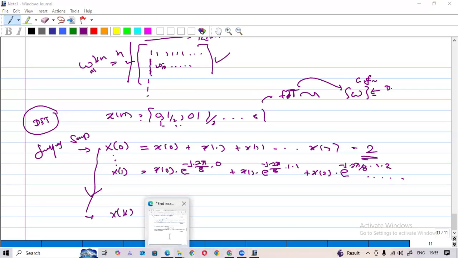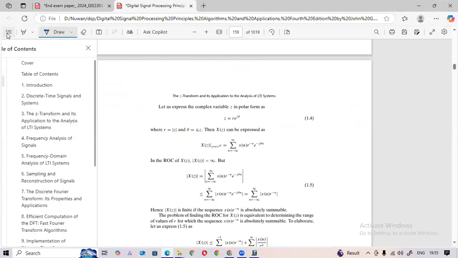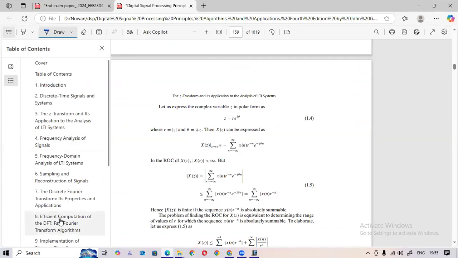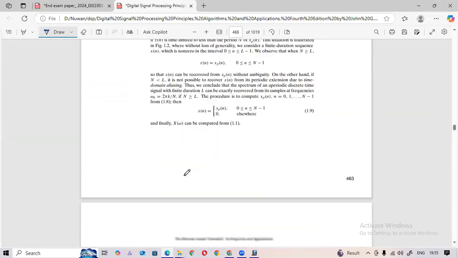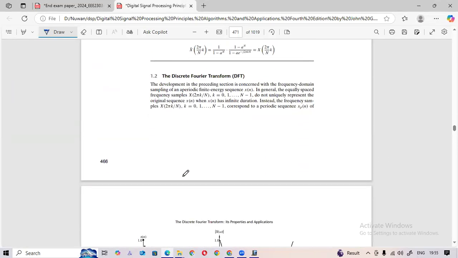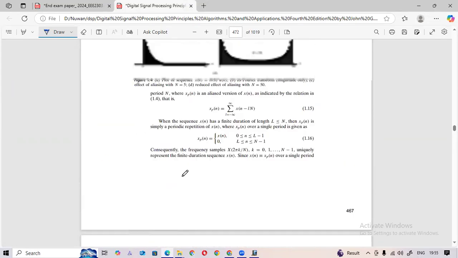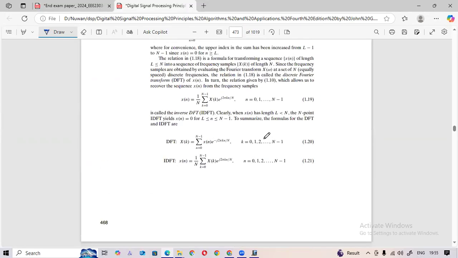I think that is not much difficult. Maybe you can do some example here. Discrete Fourier transform, this is the seventh chapter. So this is the DFT and IDFT.